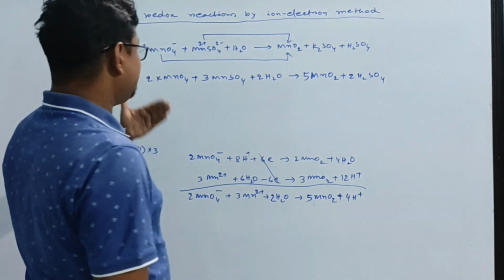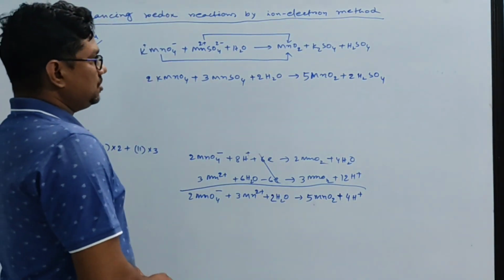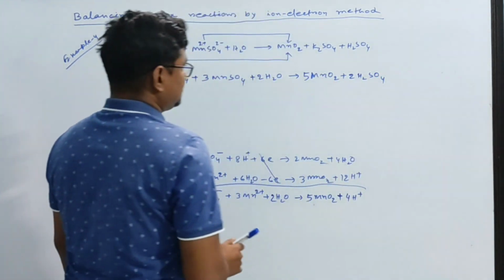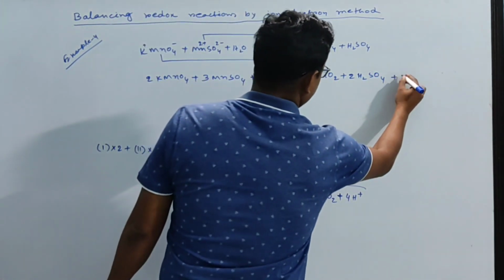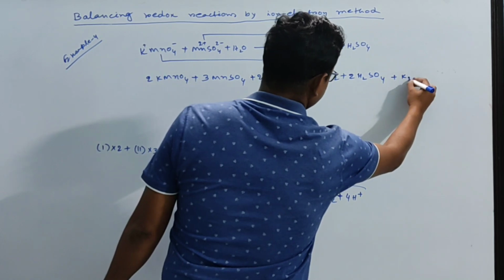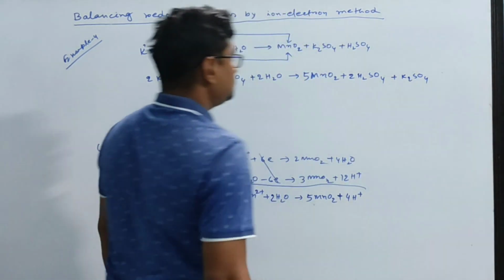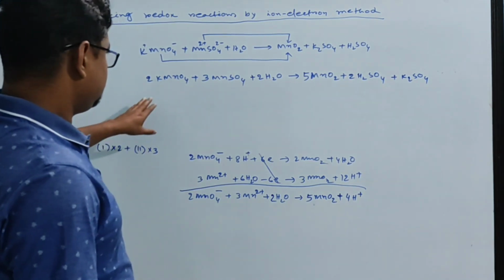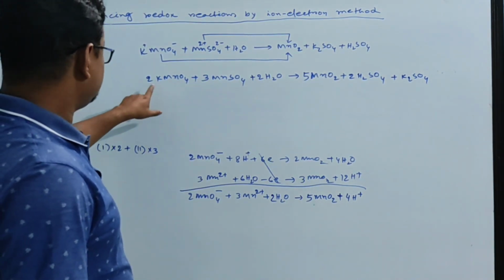So for balancing K plus and sulphate ion, we need to add 1 K2SO4 molecule at the right hand side. So 1 extra K2SO4 molecule is added at the right hand side. Now you check whether everything is balanced or not.